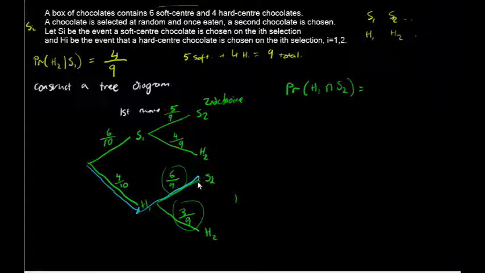So we have to go up this way. So there's only one way I can get H1S2, and we get 4 out of 10 for that probability first, and 6 out of 9 for that one. And all we need to do is multiply the branches. So if we do that, we should get 4 out of 15 if we simplify that.